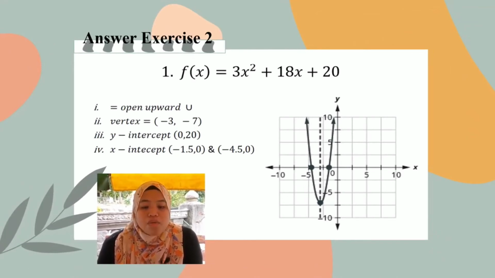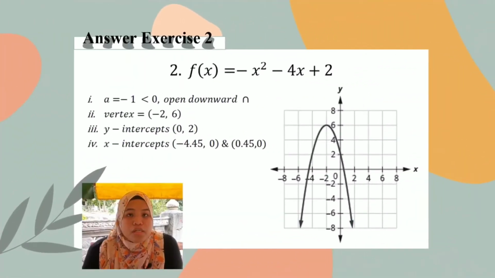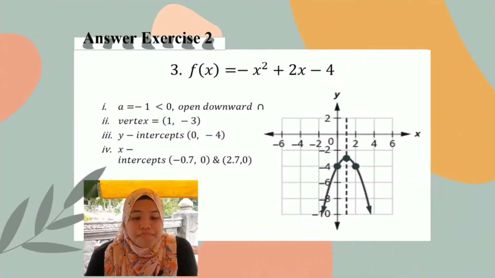The graph we obtain is the smile graph that opens upwards. For the second question, the graph will open downward, and the third one also, the graph will look like this, opening downward.